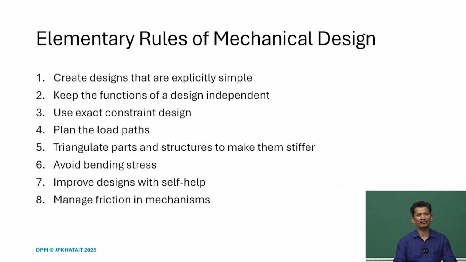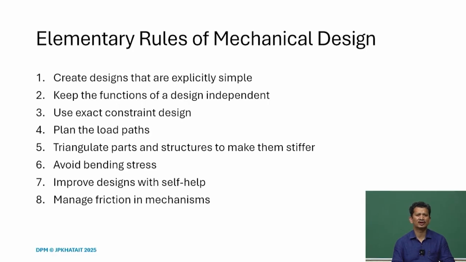So, if we try to summarize and list down the rules, the design principles, when looking at the configuration of any machine or product, this has been listed. Many people have worked on this earlier, and there are many good books.